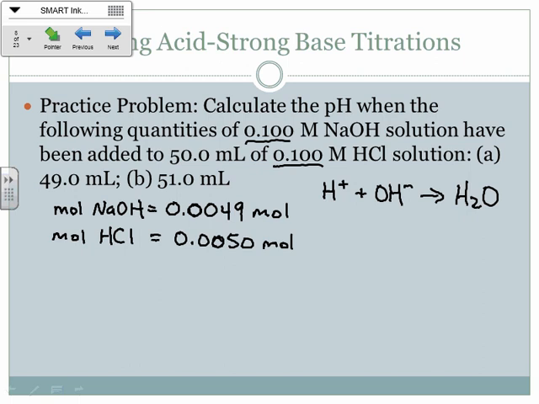But so if I've got 0.0050 moles of this and 0.0049 moles of this, then what's going to happen here is my OH minus is my limiting reactant here, right? So all this gets used up.